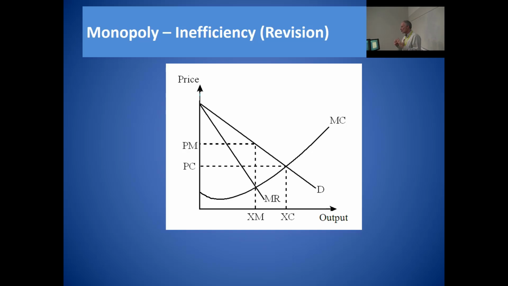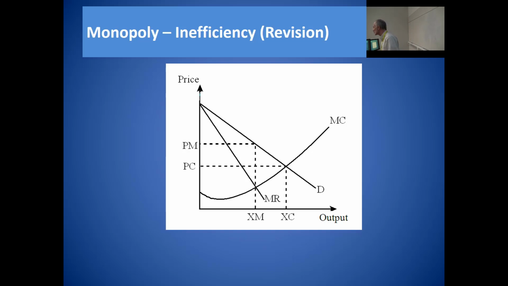So, what I want to do, first of all, is look at this idea here of the marginal cost curve. Well, that shows the marginal cost curve for the monopolist, but I also want you to think about what it means for a perfectly competitive firm. Under perfect competition, what price is charged?